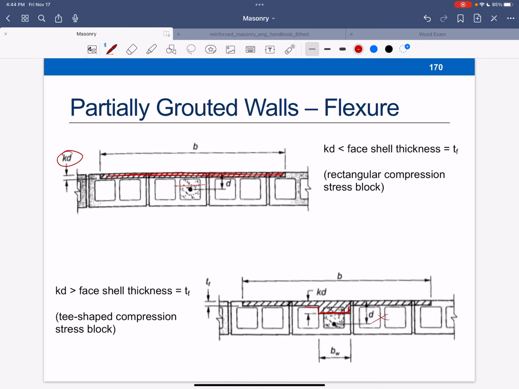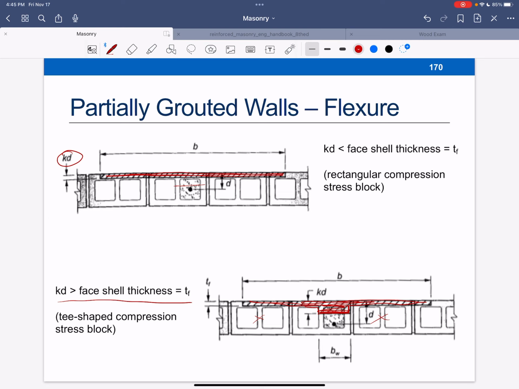I don't worry about these little individual pieces that aren't grouted, so we'll typically just take this part, and you see this is a T-beam design. So just like you learned in concrete class, if the neutral axis is not in the top flange, which we call a shell in this case, I get the T-shaped compression block.